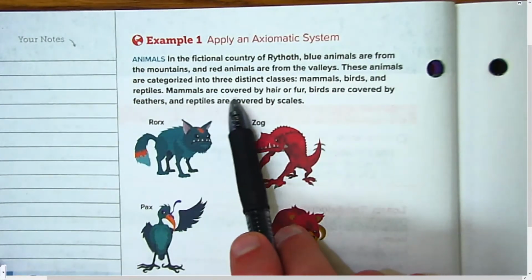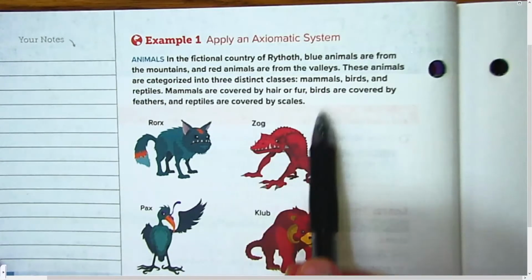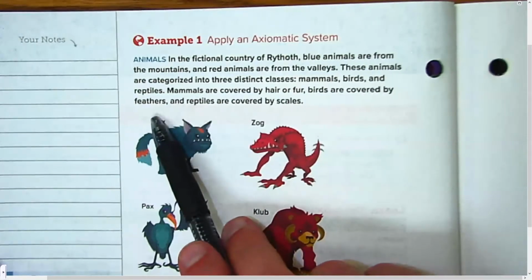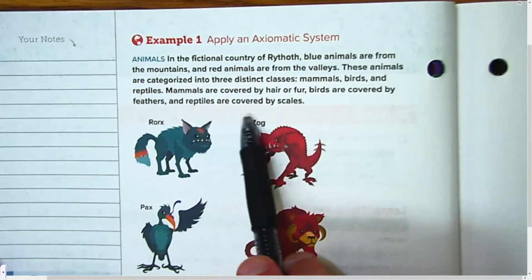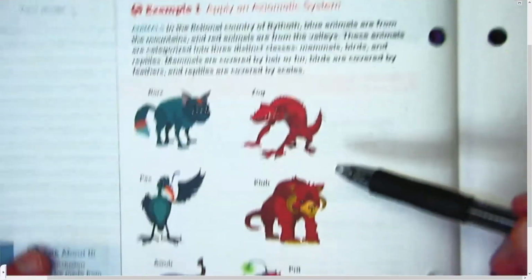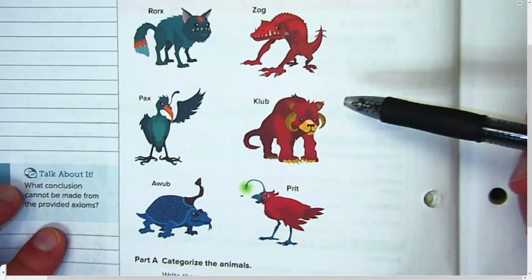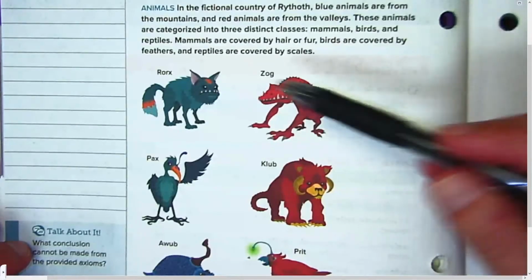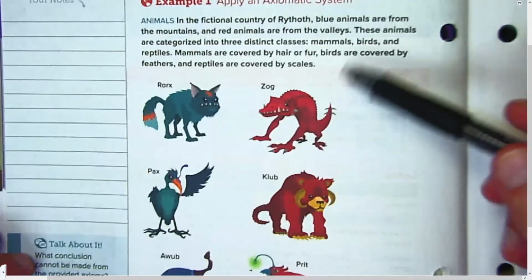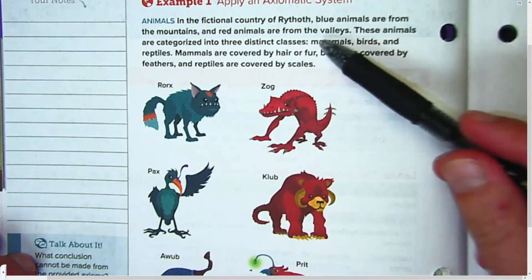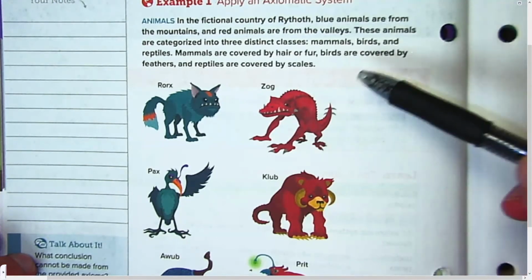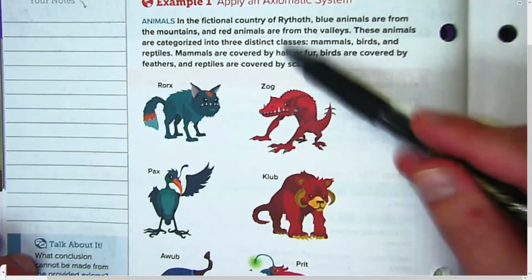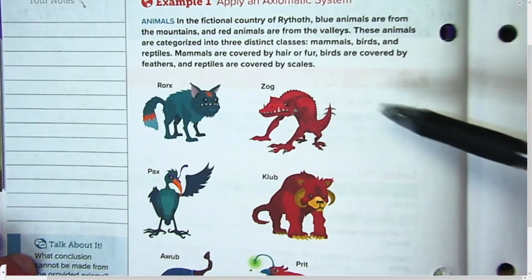Mammals are covered by hair or fur. Birds are covered by feathers, and reptiles are covered by scales. My advice is, next to each of the animals, label them according to the definitions that we have up here, the axioms.